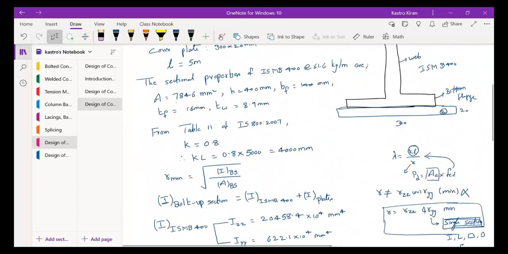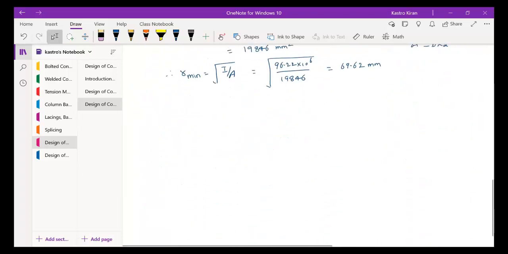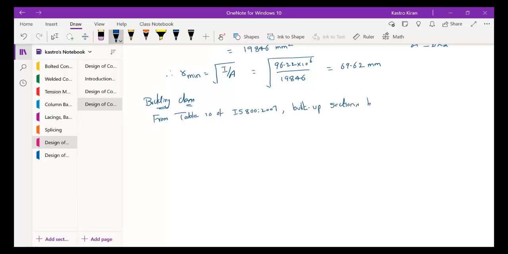Now the next step which we are going to find out is you can make the next heading as buckling class. So you have to define the section belongs to which buckling class, right? So if you remember from table 10 of IS 800 2007, built up sections belongs to buckling class.